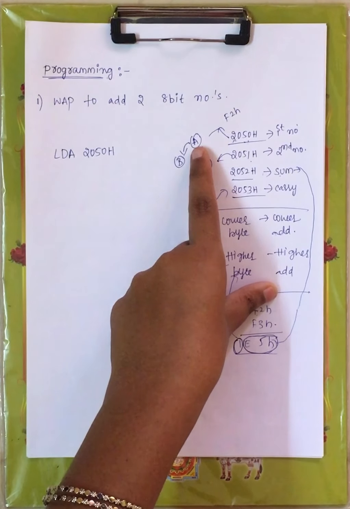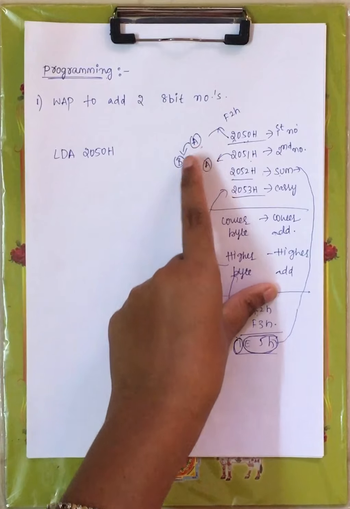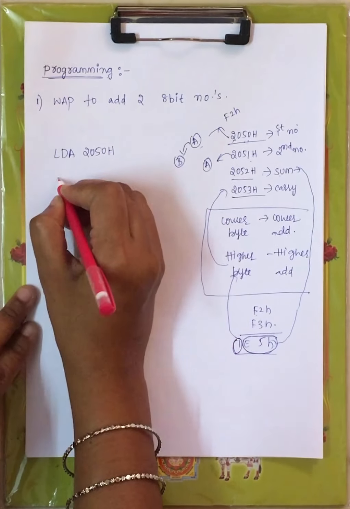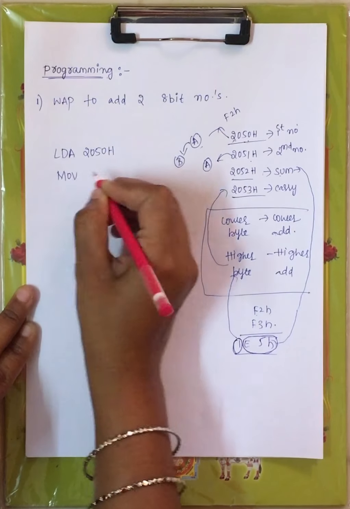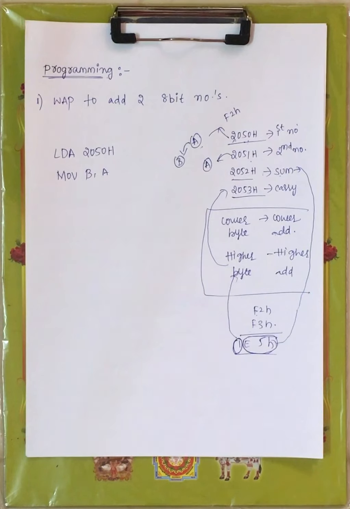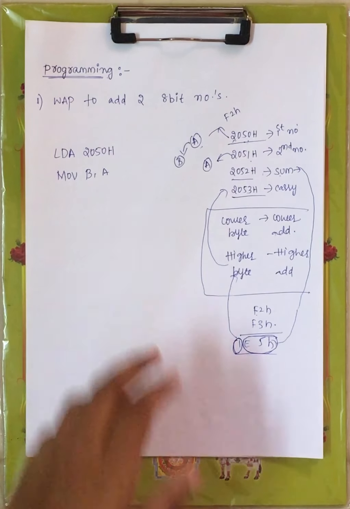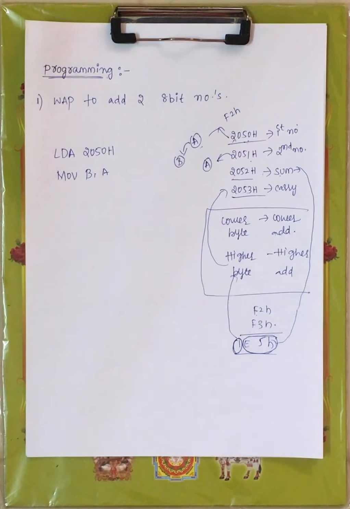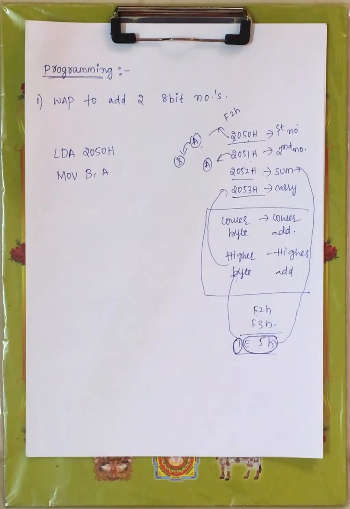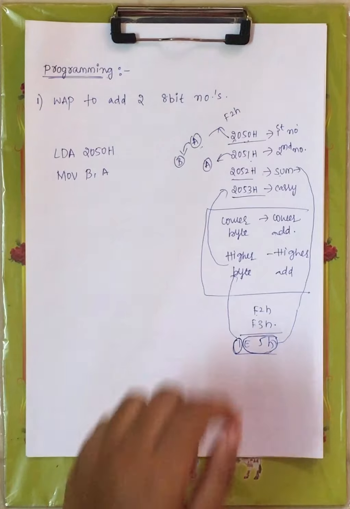What is the next step we have to follow? The contents of A are moved to B. What instruction do we use? MOV B, A. The contents of A are moved to B. Whatever contents are stored in A are moved to the B register. What is the next step?